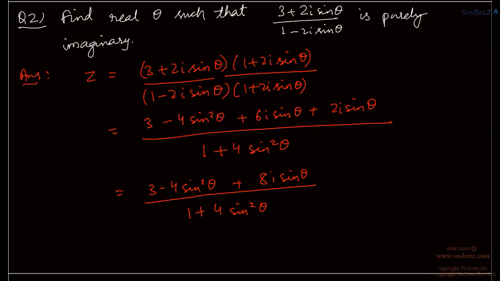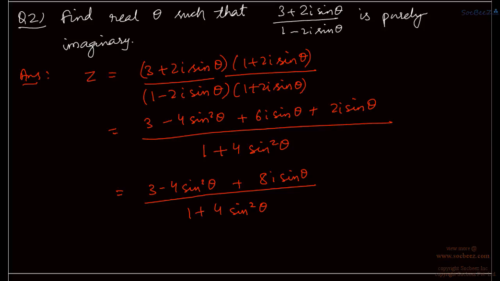Now you see that our expression has been reduced to a form where the real part is just 3 minus 4 sin squared theta by 1 plus 4 sin squared theta, and the imaginary part is 8 sin theta by 1 plus 4 sin squared theta.